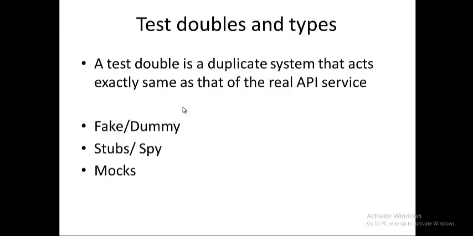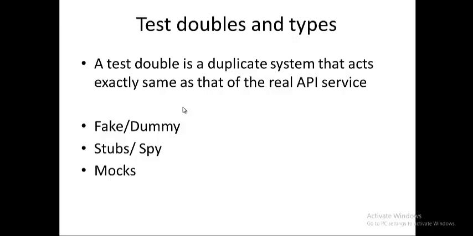As a film director, I want that to be done, but the professional actor I have recruited is not ready to do so. In that case, I have to deploy a test double, a duplicate person who does that for me, and in the process of editing I will show it in a way that it was done by my professional actor. In the same way, if I connect this definition to the software world, a test double is a duplicate service which impersonates and replicates my API service.